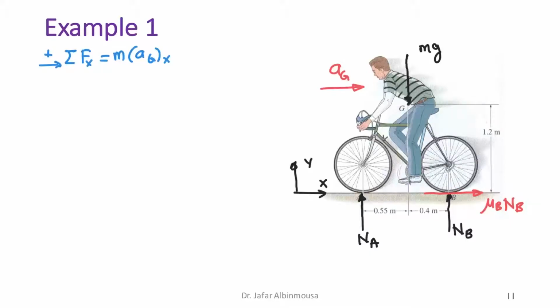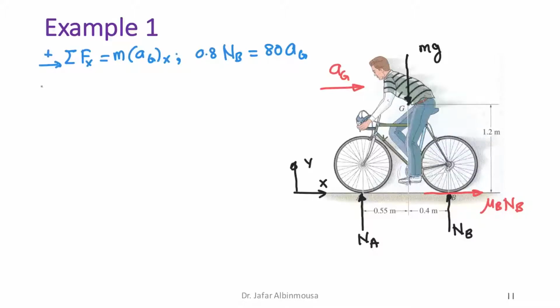For this, we will have 0.8, which is the coefficient of friction, multiplied by N_B, and this is equal to the mass, which is 80 kilogram, multiplied by a_G. Now, I didn't say a_Gx, and the reason here is that there is no motion along the y direction, so we will have only one component of acceleration along the x direction.